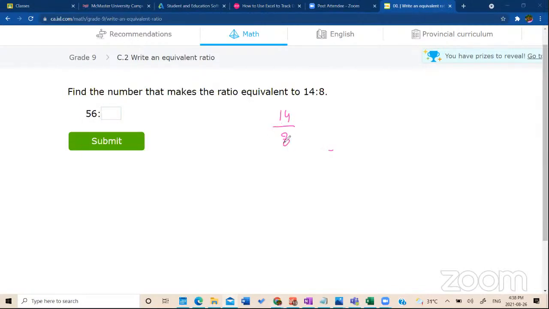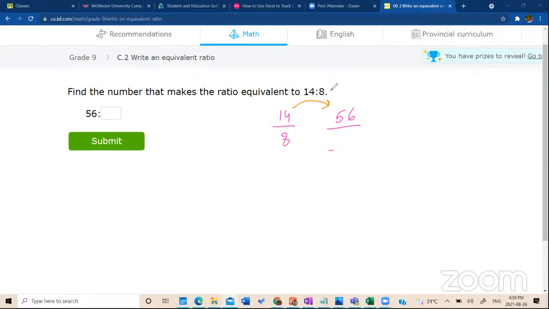14 over 8. 56 over, we don't know. Wait, we are going to do 14 divided by 56. It's going to be 4.